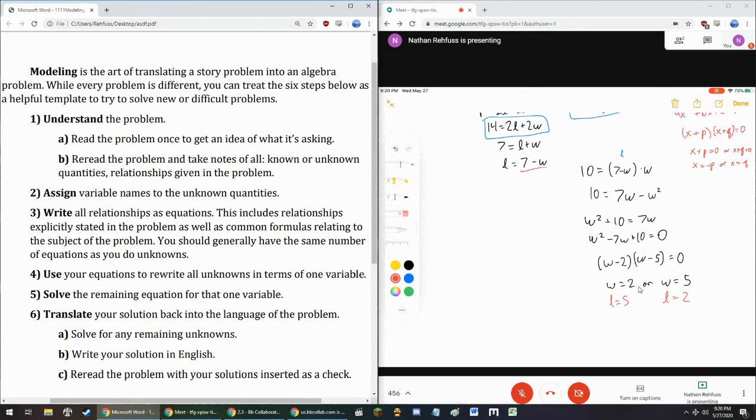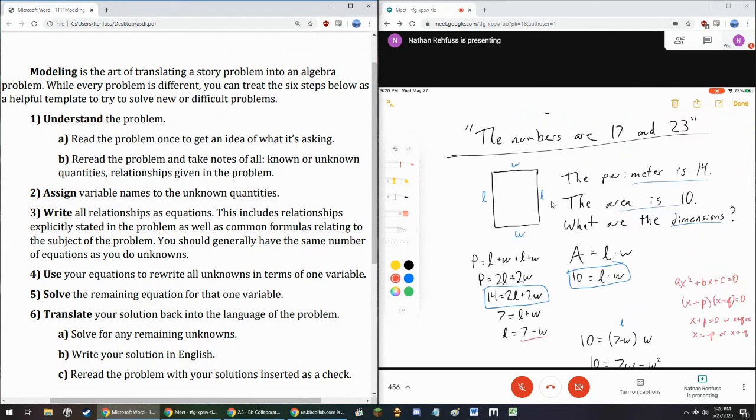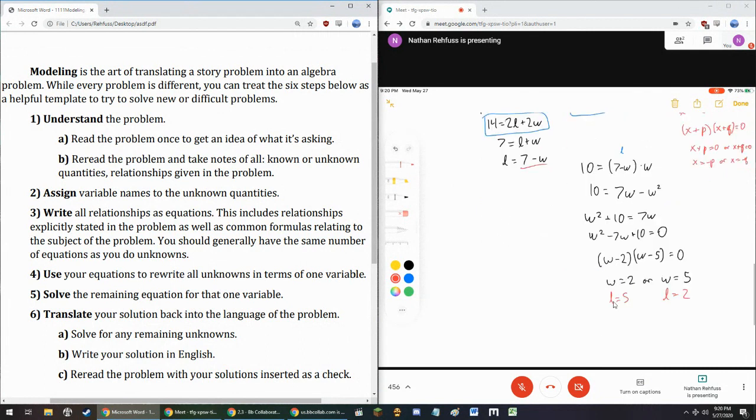Okay, so here's why we're getting two solutions. Back originally, this problem never said which side of the rectangle was the length and which side was the width. We labeled it that way, and we could have used width and height or length and height. So those didn't matter. If I switched the L and the W, everything would work just the same. That's what's happening in this solution.